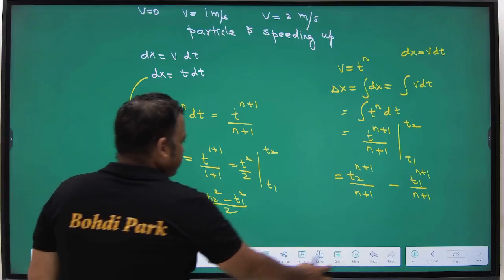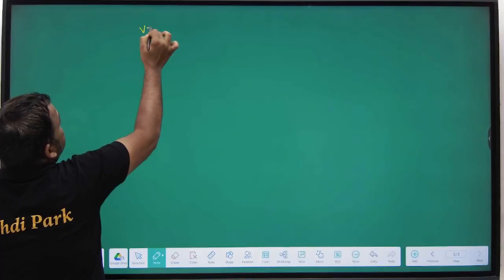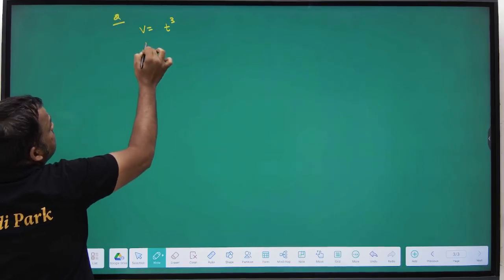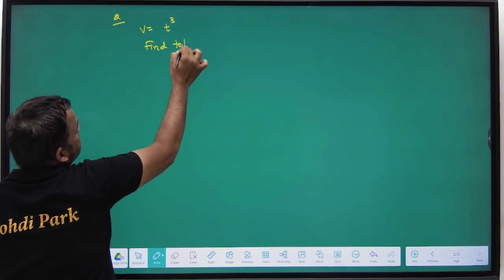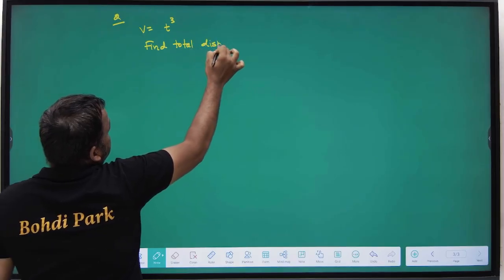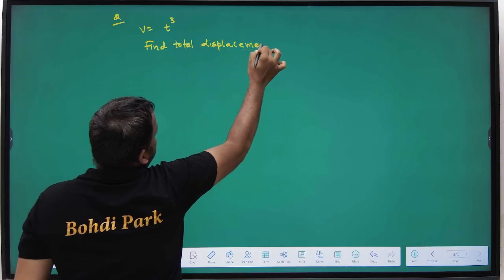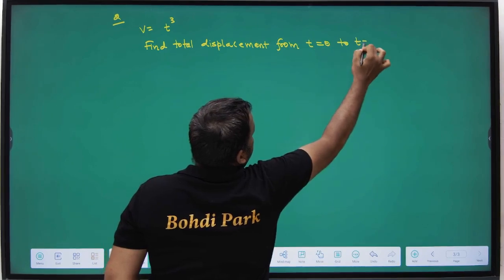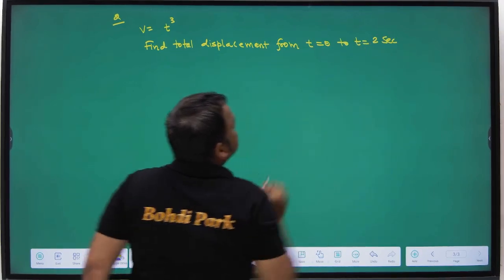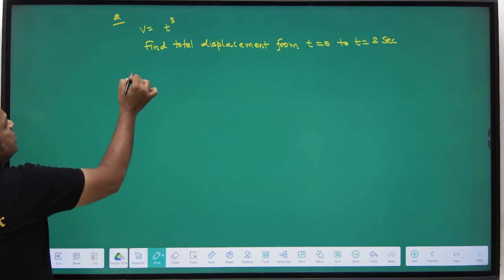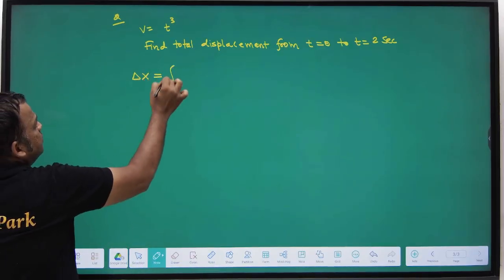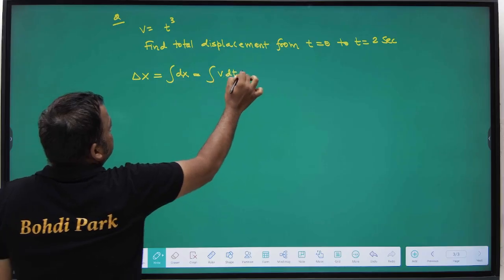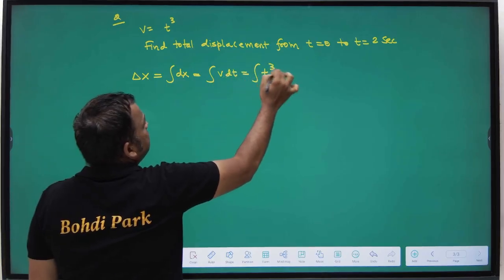So suppose we have v is equal to t cube, and we have to find total displacement from t is equal to 0 to t is equal to, let's suppose, 2 seconds. So total displacement is equal to delta x, which is integration of dx, which is integration of v dt, which is integration of t cube dt.